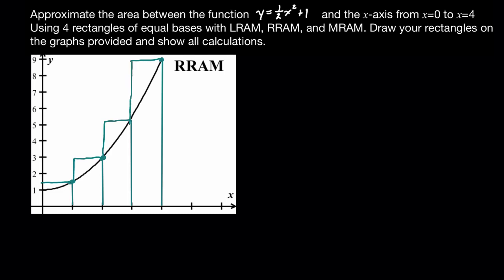All right, so now what we are doing is calculating these areas in here, and we've got this area, this area, this area, and this area over here. All right, so go ahead and take a second. I'm going to go ahead and calculate these areas and write them down.